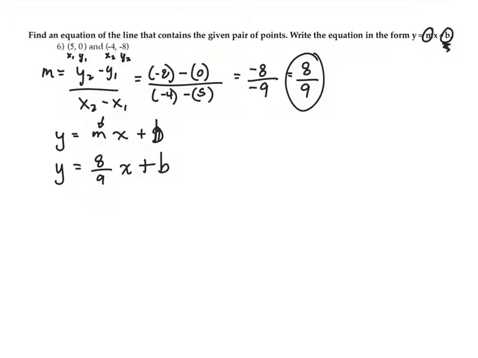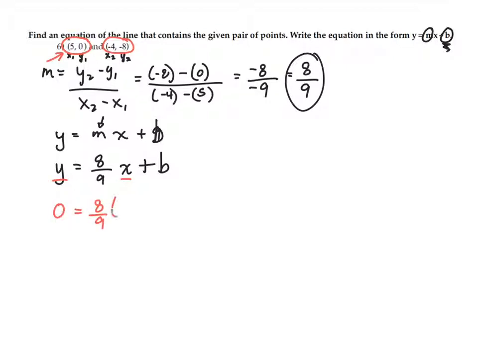Because I have an x and a y value, I can use those points and plug them in wherever I see an x and a y. I'm going to use that first point just because it seems a little easier. So the y value is 0 equals 8/9.